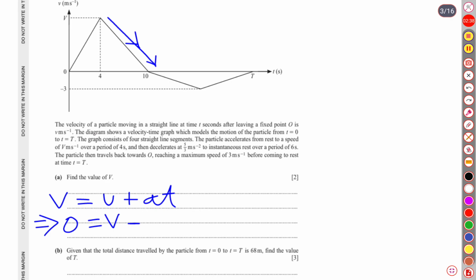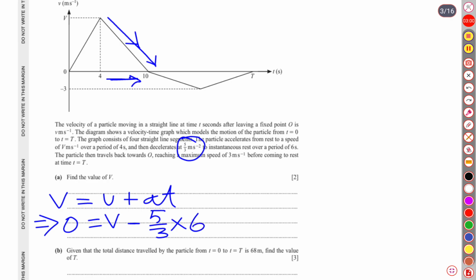It was decelerating at the rate of 5 over 3 meter per second square. And now what is the time? The time is 10 minus 4, which means 6 seconds.